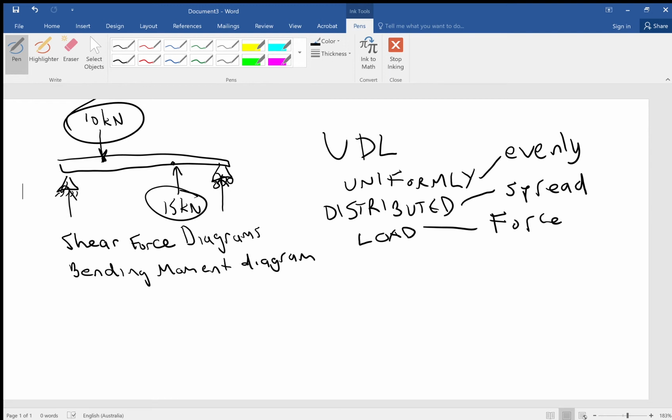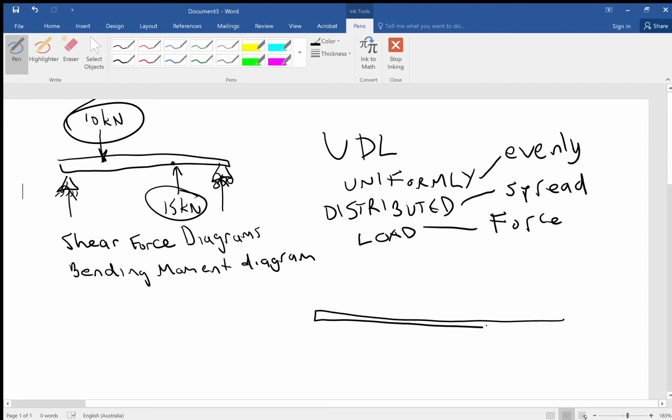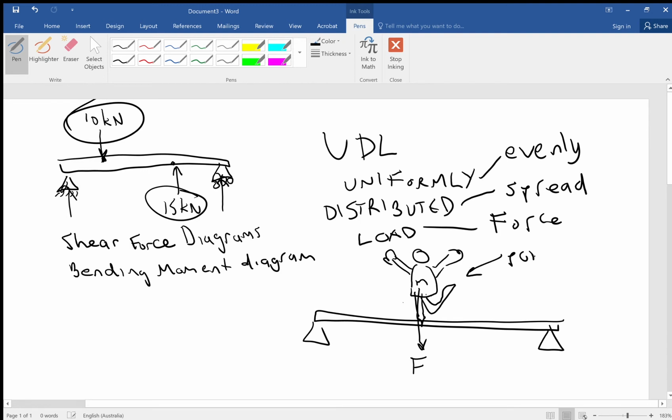So for this situation that we were just discussing, if you have our normally supported beam, if you imagine a person standing there on the beam on one tippy toe, okay, his mass is going to be presenting a load force at that very point, and this is the very definition of a point load.